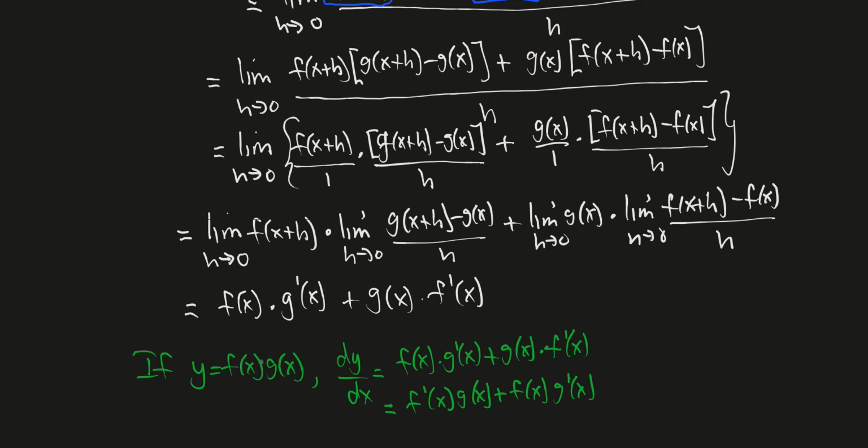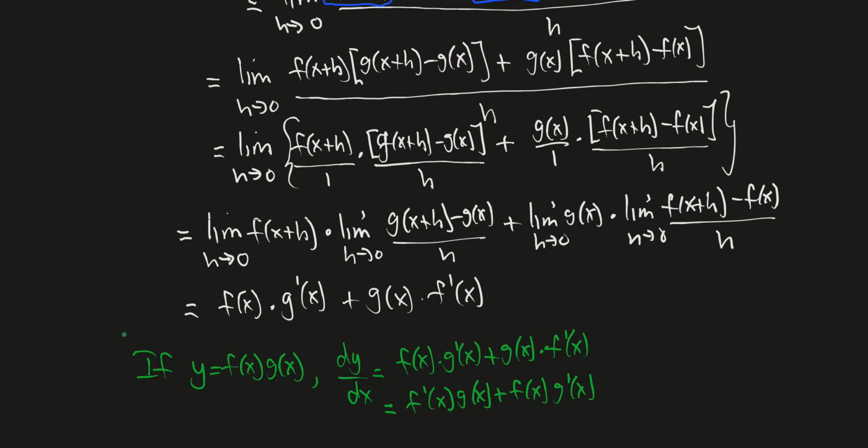I call this the first function simply because it's the first function in the product, and I call this the second. So the way I would read this out, I wouldn't say f and g, I would just say the derivative of this product is the derivative of the first times the second plus the first times the derivative of the second.